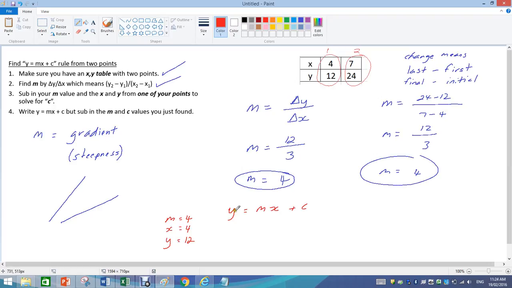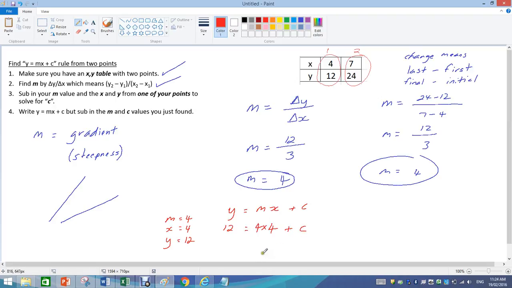Okay, so instead of writing y equals mx plus c, we can now put y equals 12 in for y, so y is 12, m was 4, x was 4, now that looks like 44, but we mean to times them together, so we should put times there. Okay, otherwise it looks a bit weird. Plus c, we don't know.